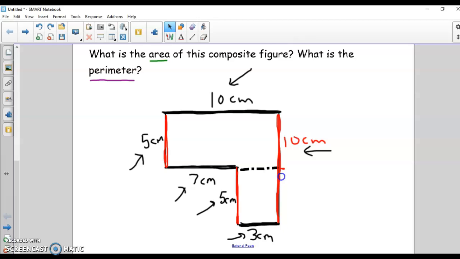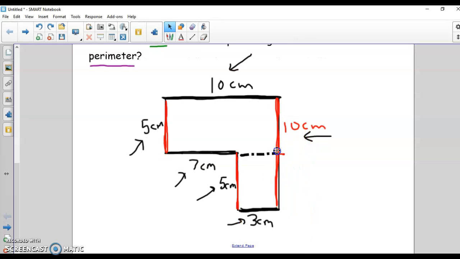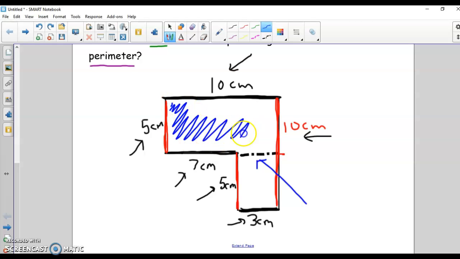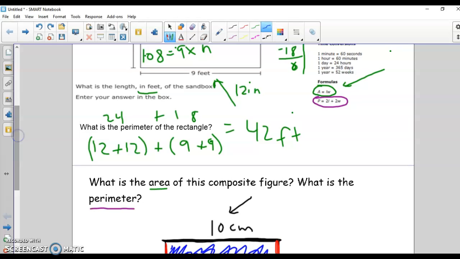Notice this is still broken in half or cut up in pieces. We want to leave it that way until we find the area of both of them. So to find the area of all of this stuff in here, we have to go to our conversion sheet.